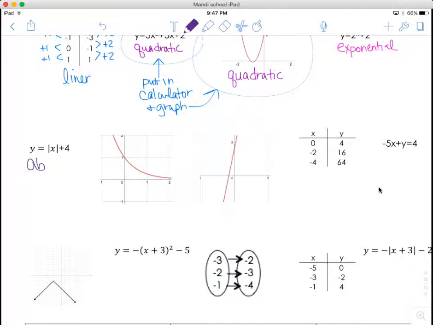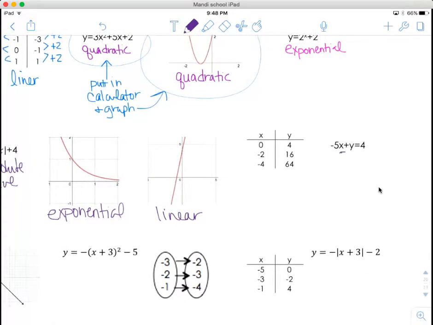Based on the equation, this is absolute value. This one is exponential. This is linear. And this has just an x and just a y, so this one is also linear. And this one, let's check.